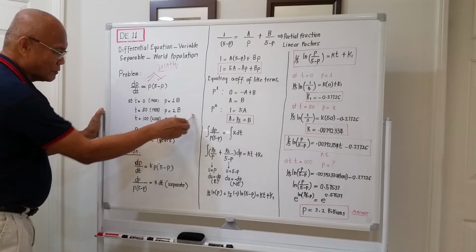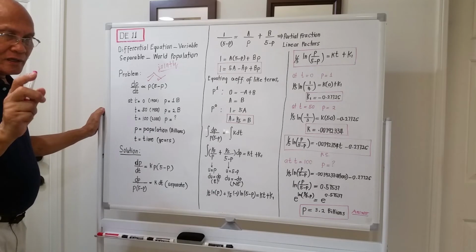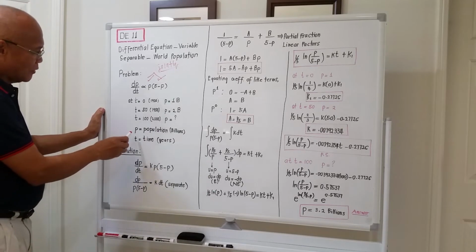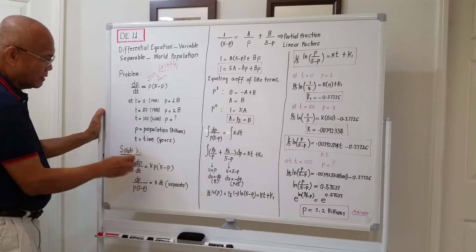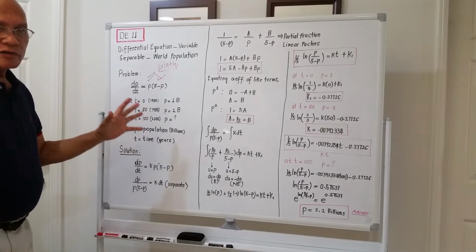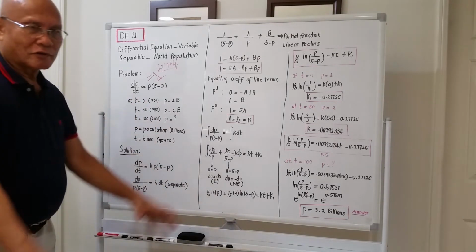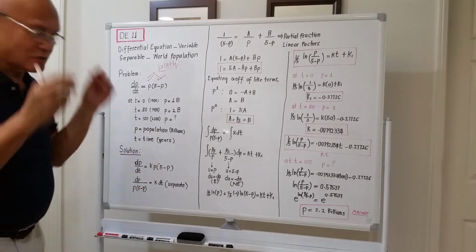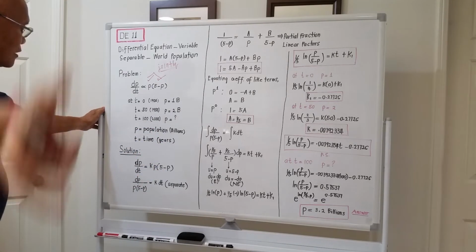What will be the population? The designation here is a small letter p is population in billions, t is the time in years. We will solve this one using differential equation. That's the importance of differential equation. Okay, let's proceed with the solution.